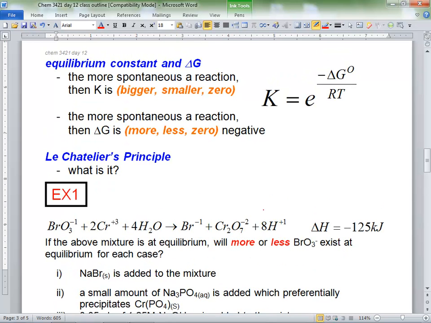Equilibrium constants and the Gibbs free energy. There is a relation. They are related. Mariella, according to what this equation looks like, the more spontaneous a reaction, then K is, what would you say, bigger or smaller? Those equilibrium constants.